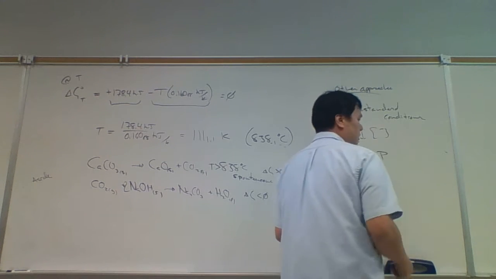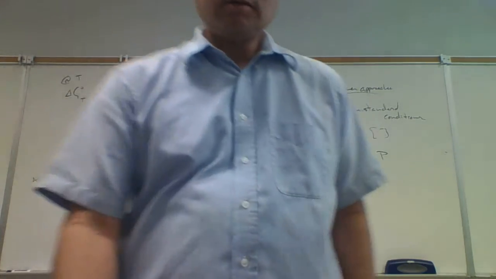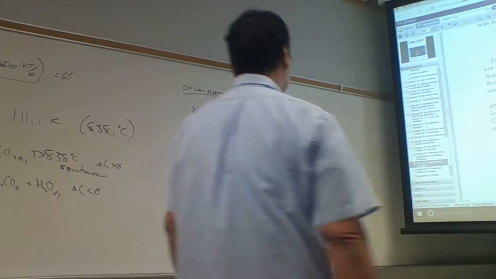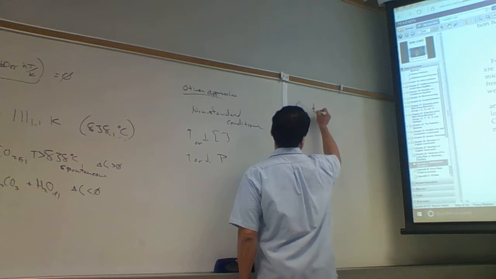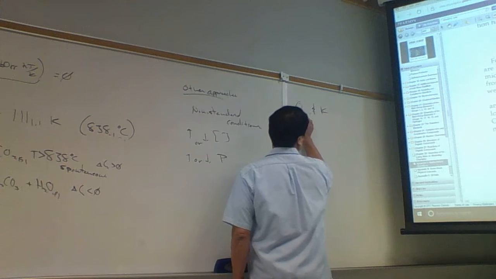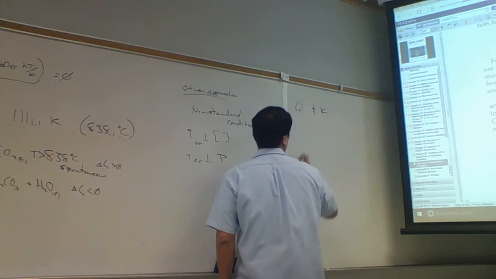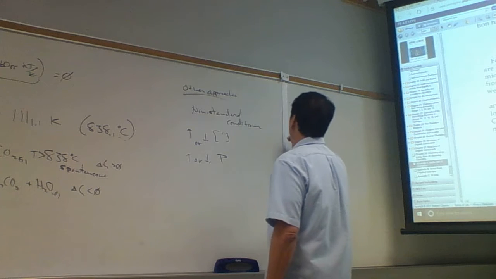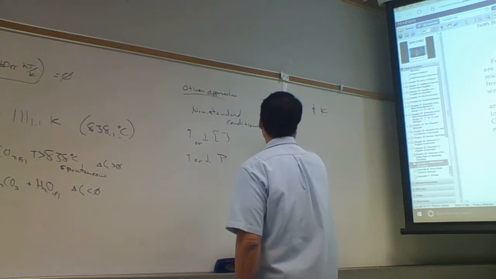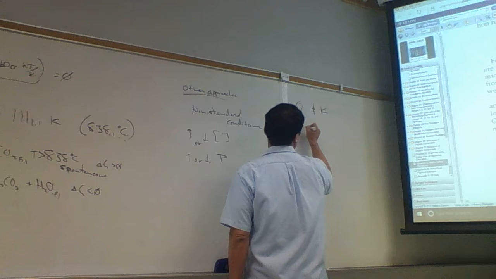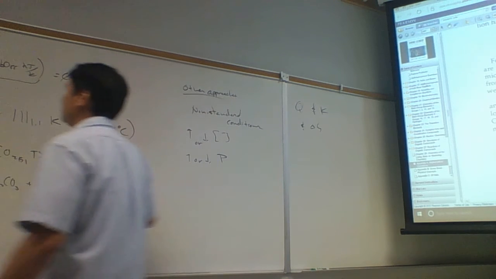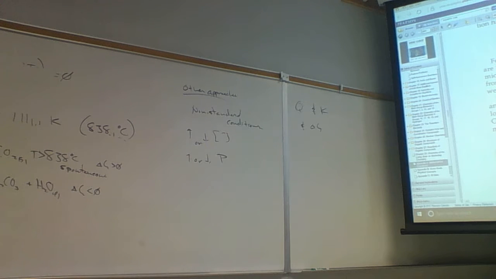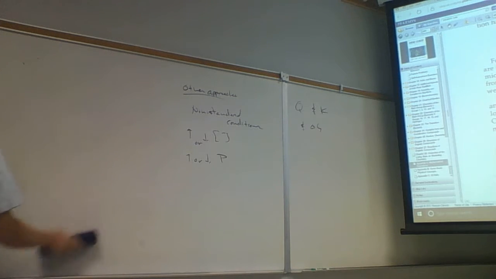In order to do non-standard conditions, we have to know two things. We have to know Q and K. Q is called the reaction quotient. We'll talk about that. K is called the equilibrium constant. And so we need to know Q and K and delta G, or delta G naught, whichever.